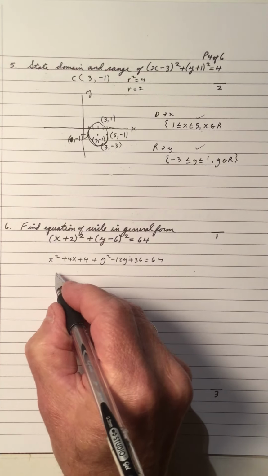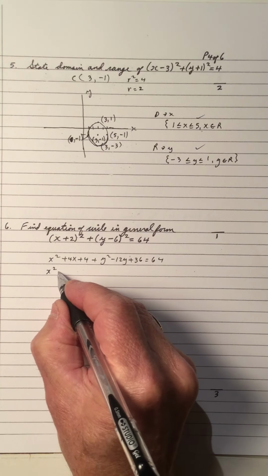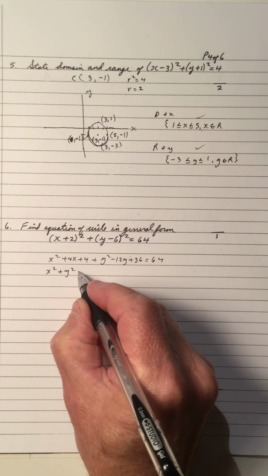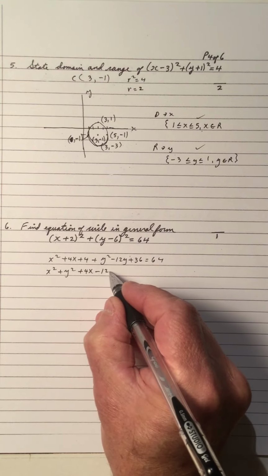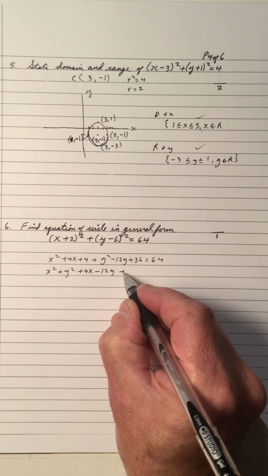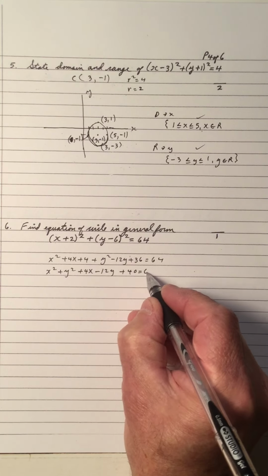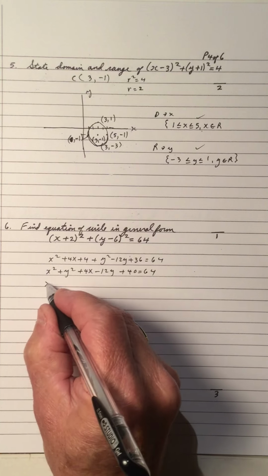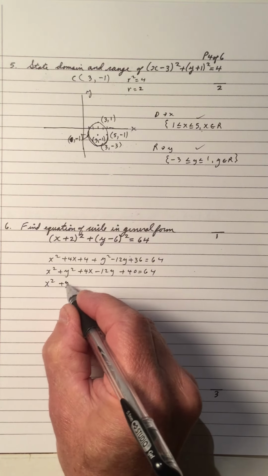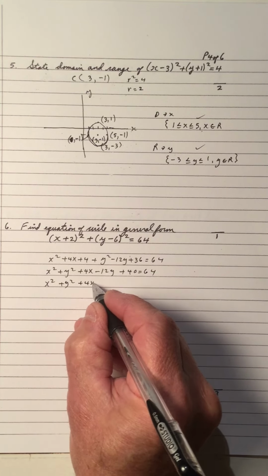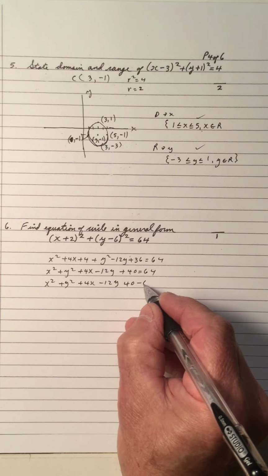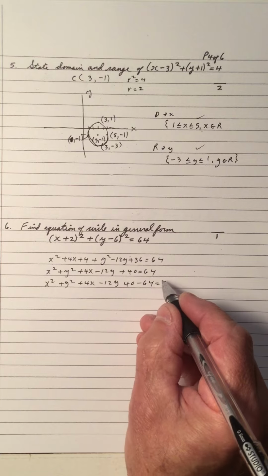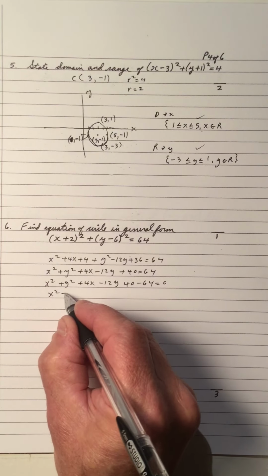Now we line up x squared, y squared, plus 4x, minus 12y, plus 40.